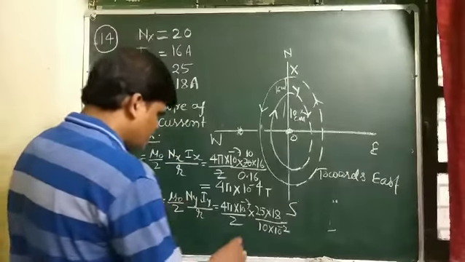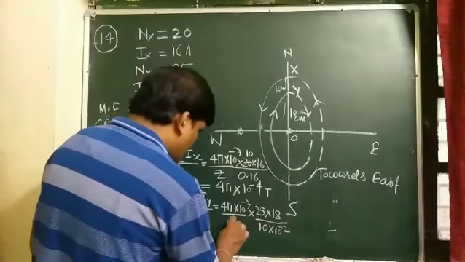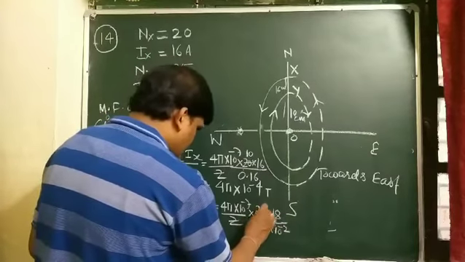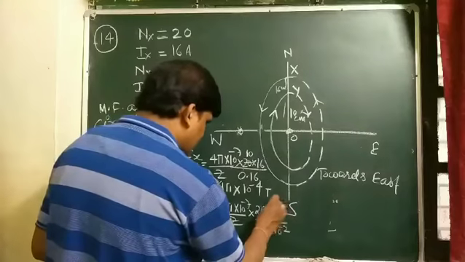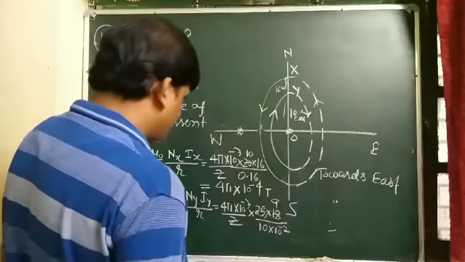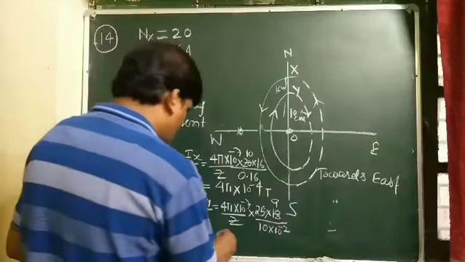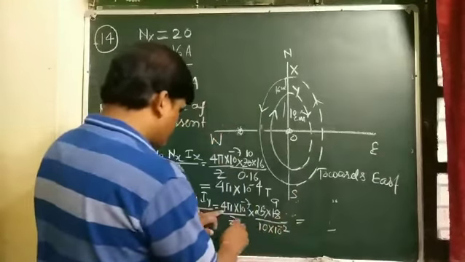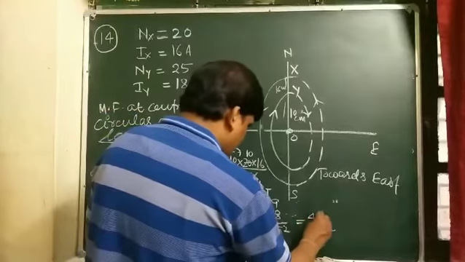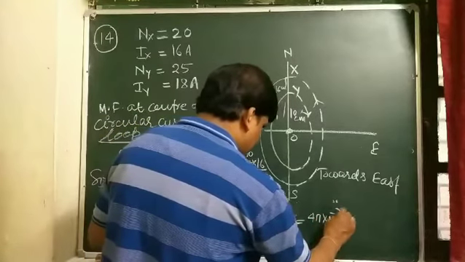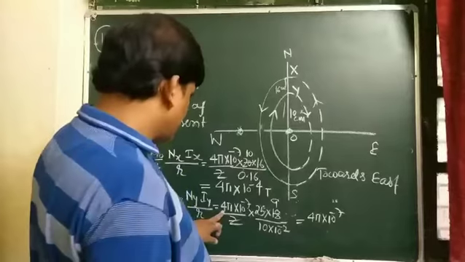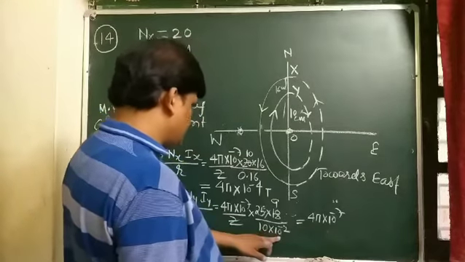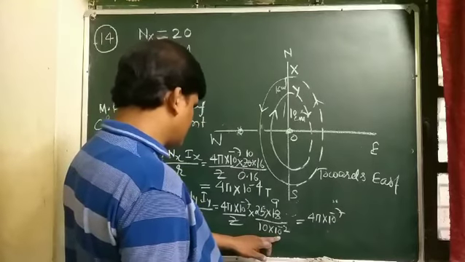And it comes out to be 4 pi into 10 to the power minus 7, and this is 10 to the power minus 1, so it is 250 by 9 and the direction of this magnetic field is towards west.